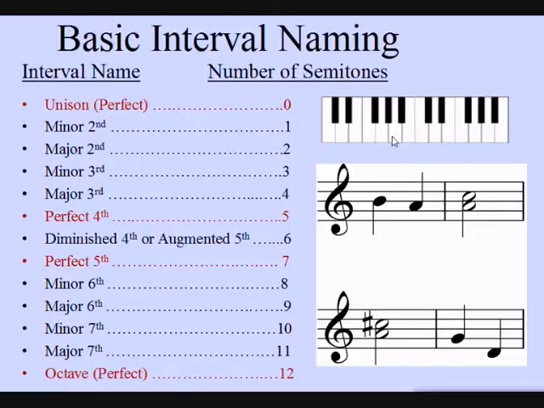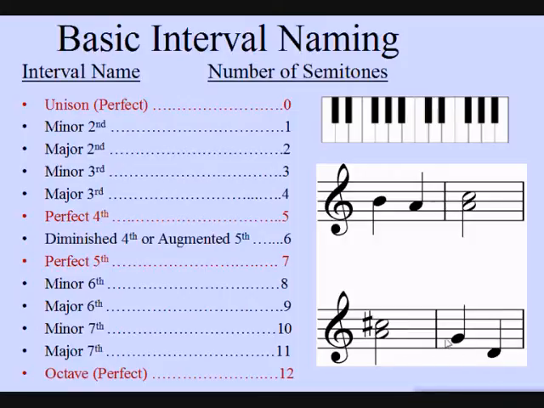This is 4 semitones away from each other. Therefore this is a major third, and it makes sense because the previous one was a minor third. If we just add 1 semitone by sharpening the C, then we have a major third. This is also a harmonic interval.